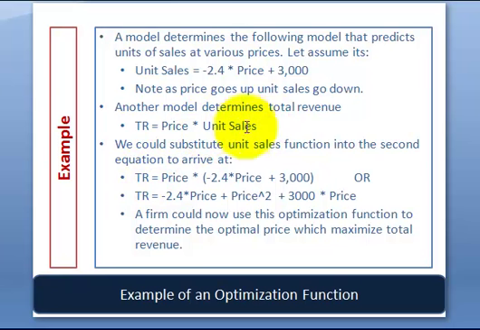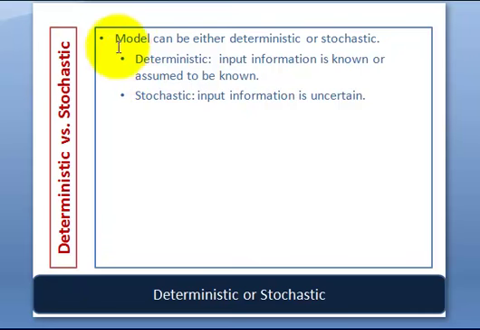We could substitute in for unit sales and come up with total revenue equals price times negative 0.25 times price plus 3,000. This is just a substitute for unit sales. Then we could remember the old math, distribute, and we would get this function. Then we could optimize that function and the model would determine the right answer for us.